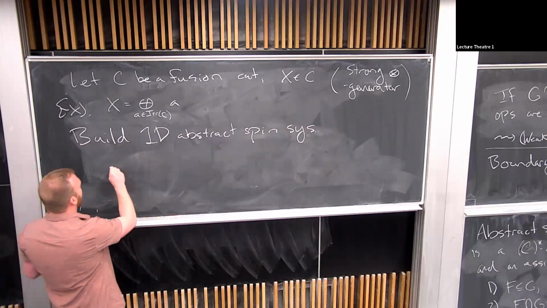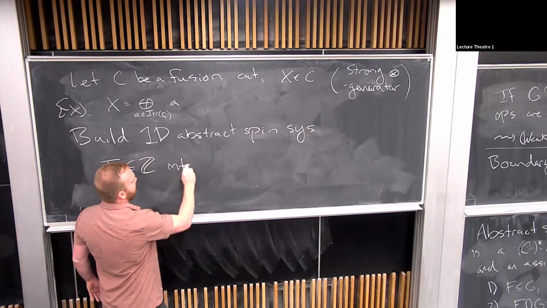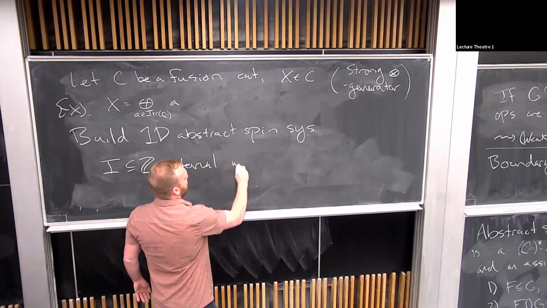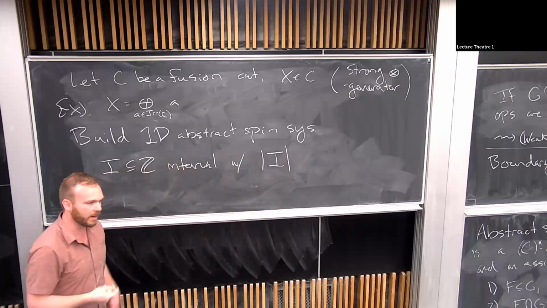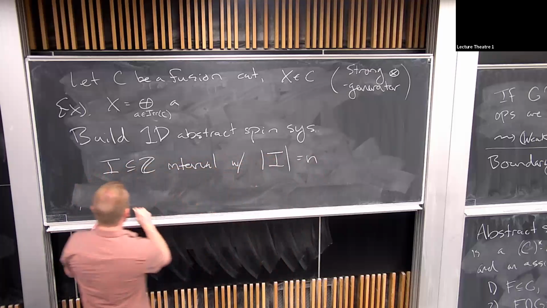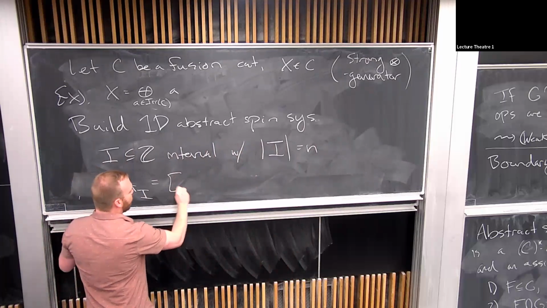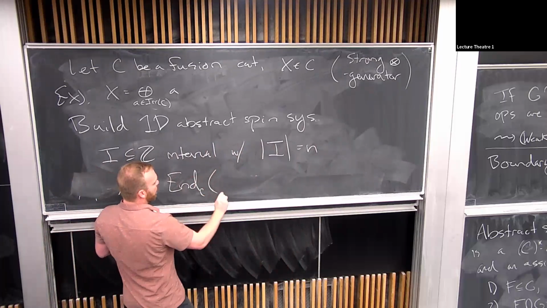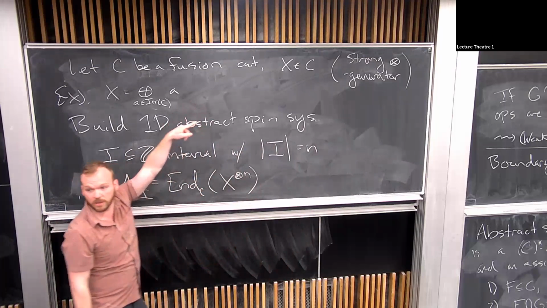So if I have an interval I, then when I write the absolute value of I, I mean the number of points in I. I is an interval, but I'm going to take the number of points since we're discrete. Then I'm going to define the algebra A sub I to be equal to the endomorphisms in my fusion category of the tensor power of this special object we picked, x to itself n times.